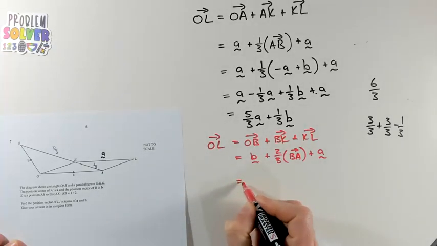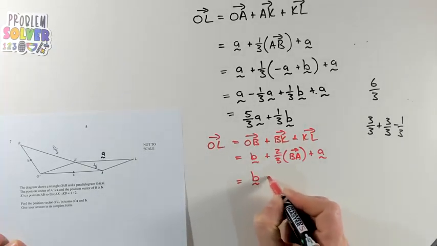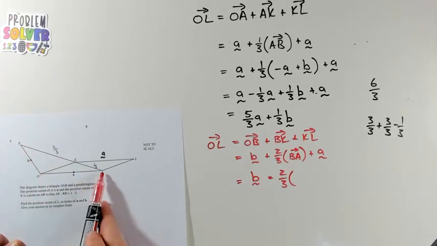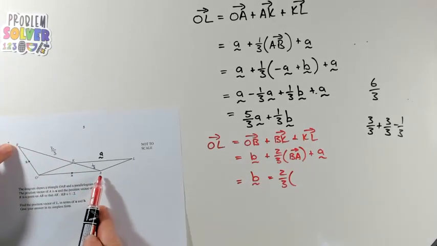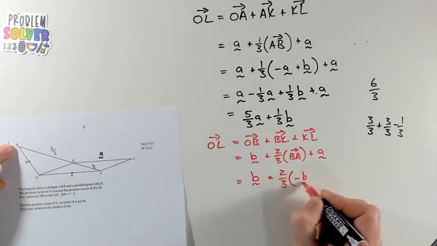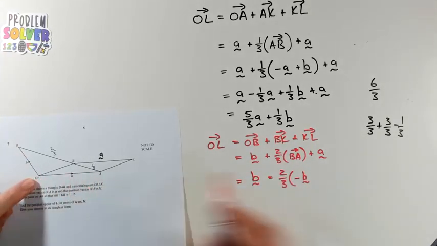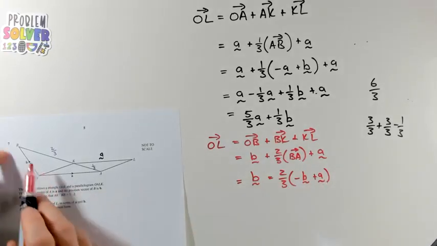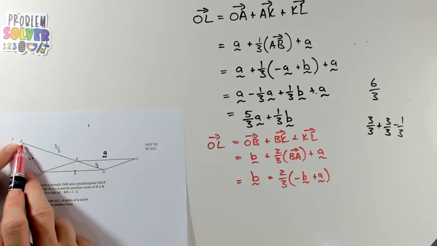Okay. So the B part, and then the 2/3. So I know BA, if I wanted to start at B and end at A using these vectors, I have to go negative B plus A, but I'm not going all the way from B to A. I'm actually just going 2/3.